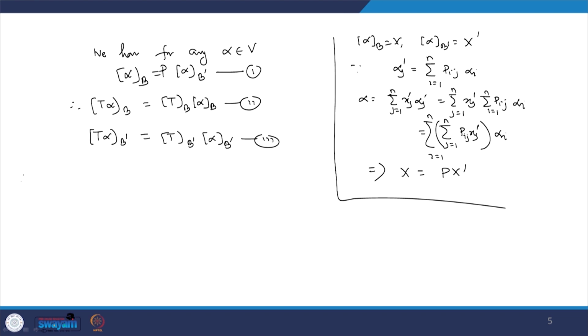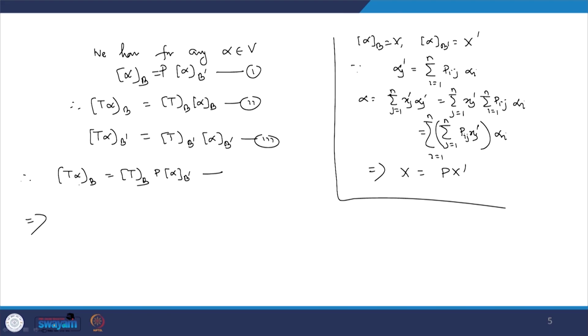So, this implies we have the coordinate matrix of T alpha with respect to B equal to the matrix of T with respect to B times the coordinate matrix of alpha with respect to B, and this is equal to P times the coordinate matrix of alpha with respect to B', because the coordinate matrix of alpha with respect to B equals P times the coordinate matrix of alpha with respect to B'.